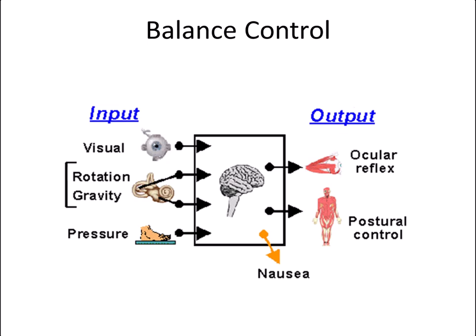The ability to maintain balance or equilibrium control is a complex function that requires accurate information from several sensory modalities listed here on this slide on the input side. The first is the visual system, the second is the vestibular system, and the third is your somatosensory system. The visual system provides an external reference telling the brain about the world outside.